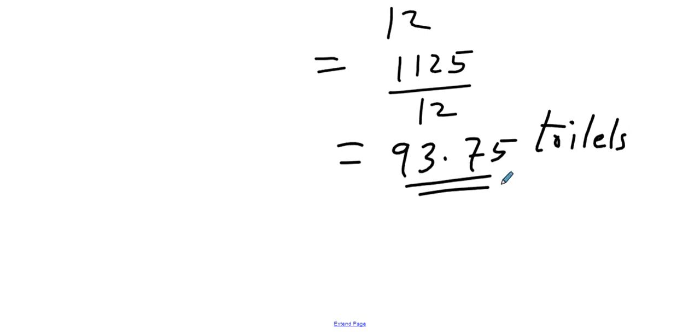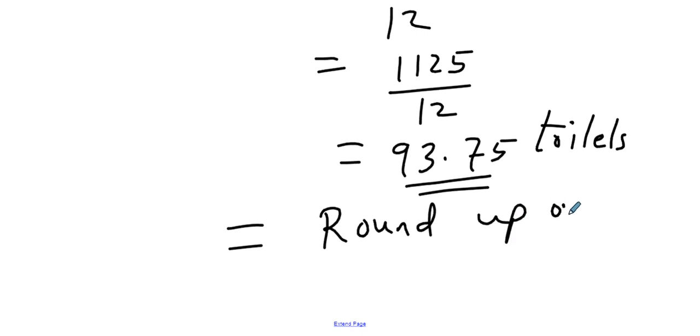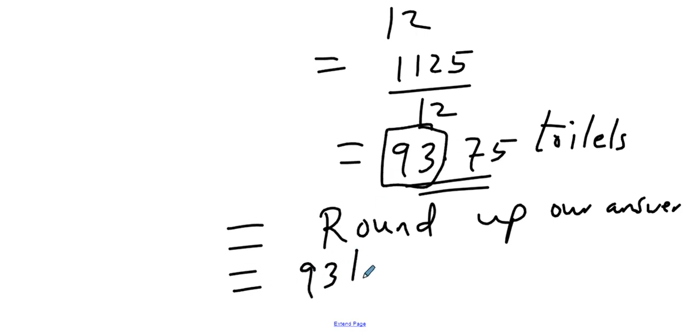Now, in a practical situation, you can say we have 93 point something toilets. So here, we round up our answer. Take the whole number, 93 toilets.